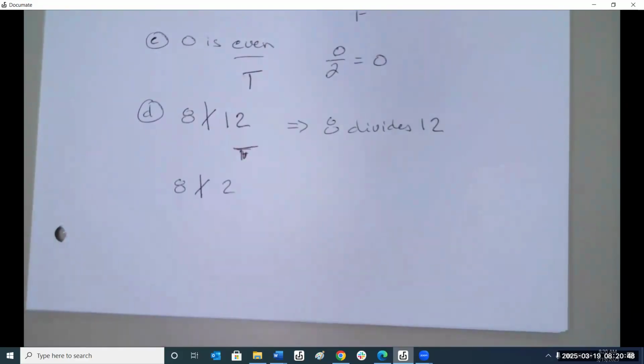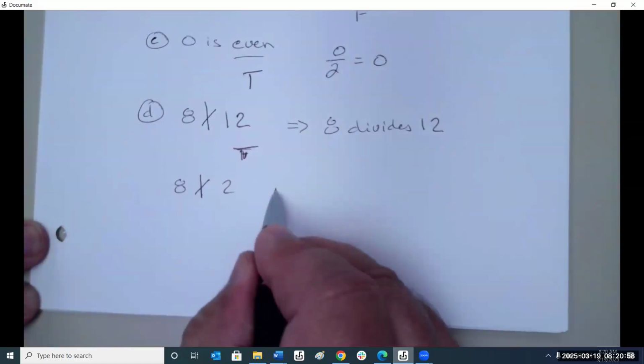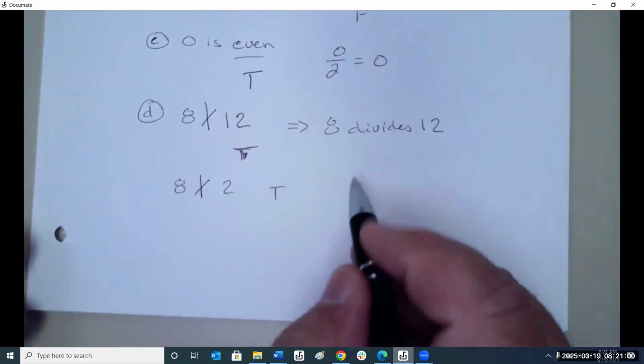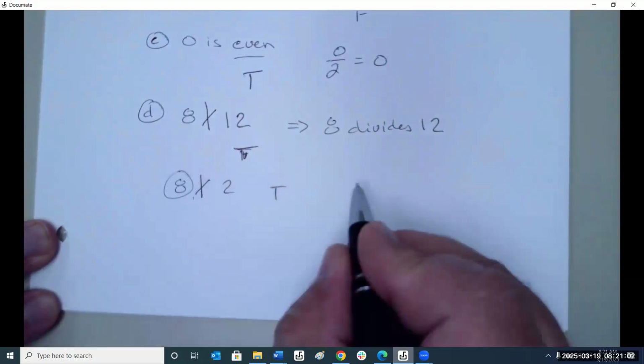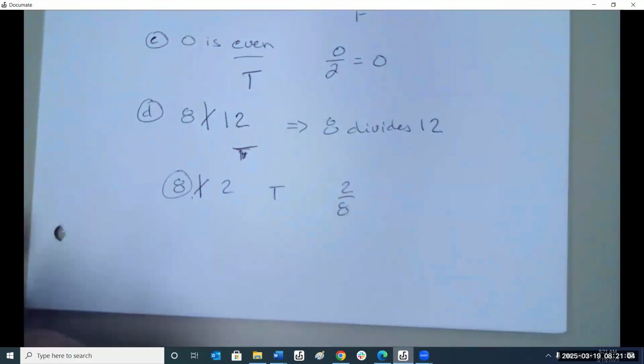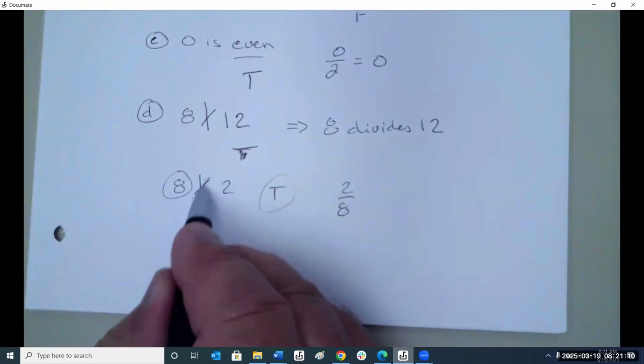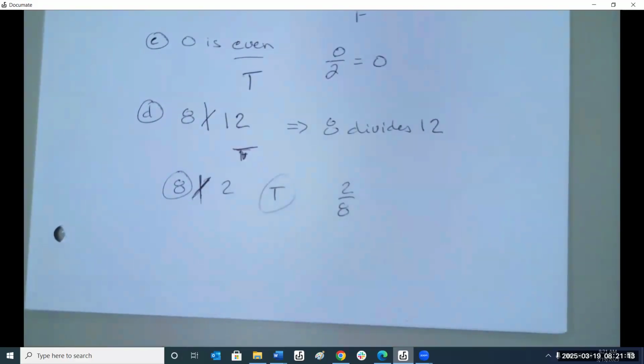How about this one? True, also for the same reason. Remember, this is the bottom number. So does that give us a whole number with no remainder? No. So it's not a divisor.